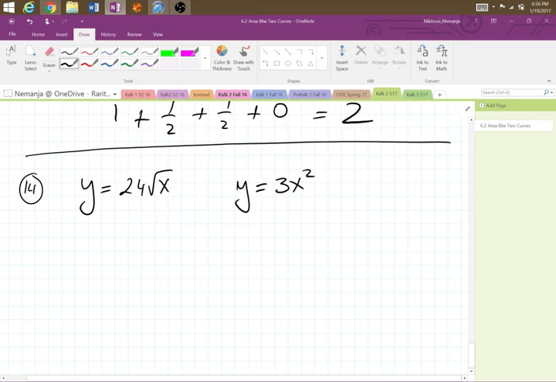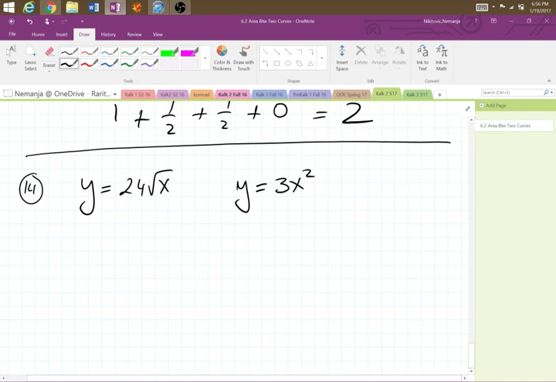Divided by 1/2 would have given you x to the 3 halves. And then we put a 2/3. So the 7 equals each other? Yeah. Are you sure?